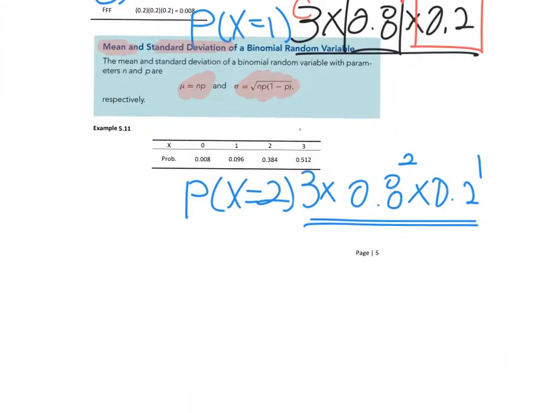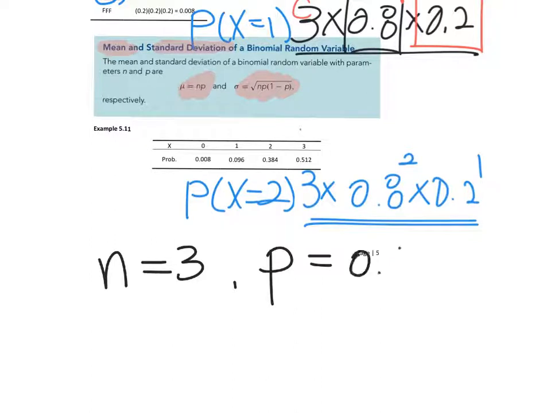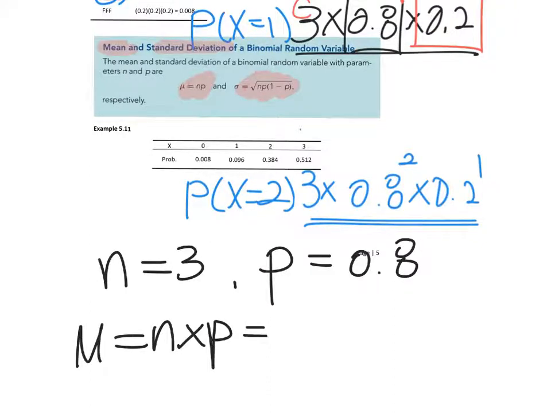So in this case, in this example, 5.11, the n was 3. The probability of success was 0.8 to be alive at 65. So simply I can take the mean, mu, n times p. So it will be 3 times 0.8. How much will 3 times 0.8 be, please?